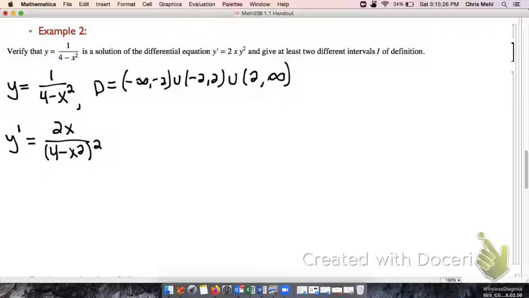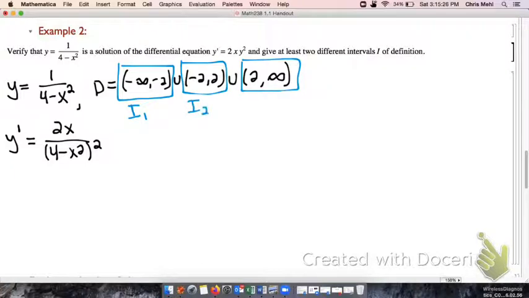So there are only 3 intervals you could choose for the interval of solution. You have 3 choices. To make them as large as possible, you could choose this, this, or that as your interval of solution. I'll call these I1, I2, and I3.